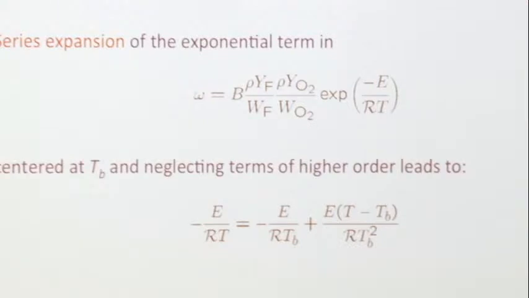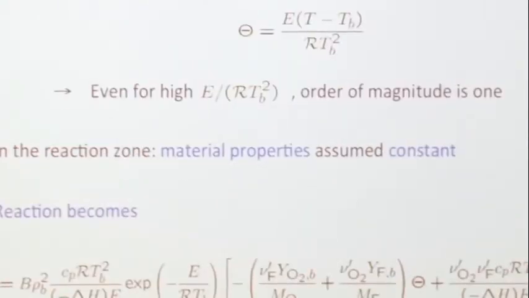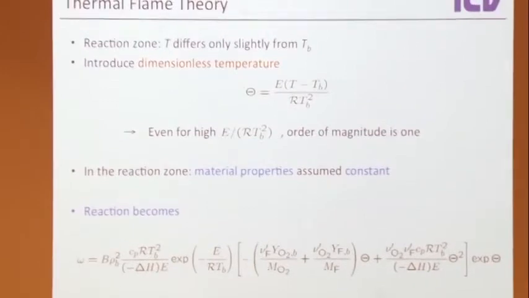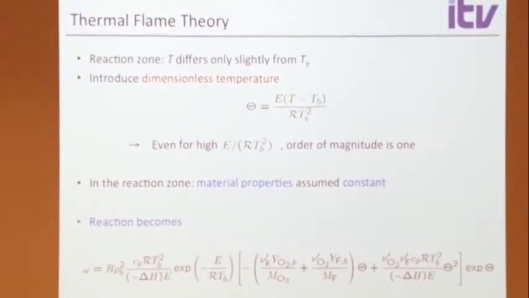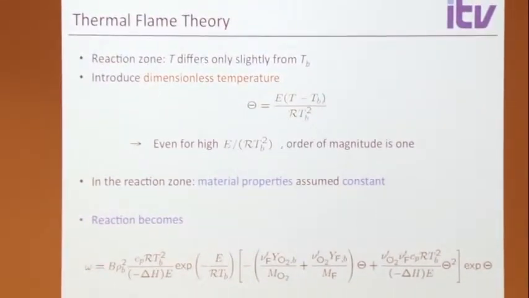So we get this term around T_b, plus the second order term times T minus T_b. So it's just a linearization of the argument of the exponential. And then the second thing we do is to introduce this non-dimensional temperature, the temperature minus T_b.